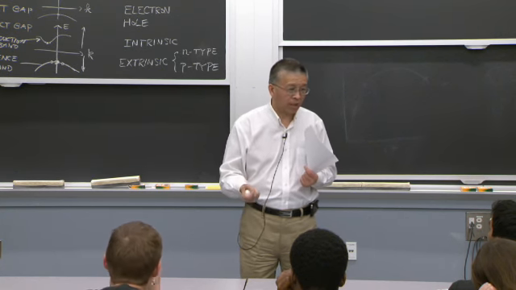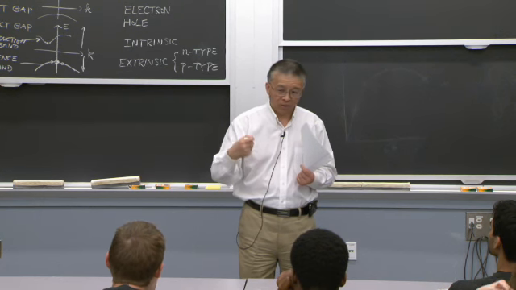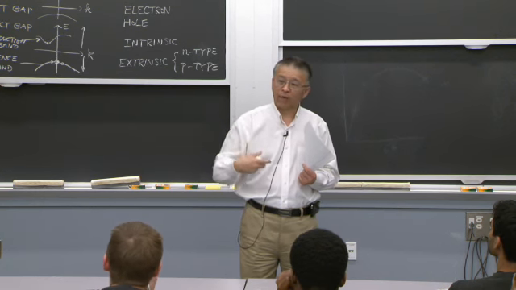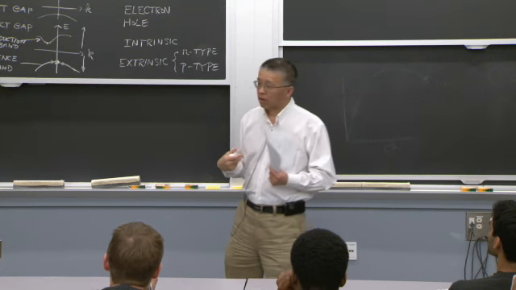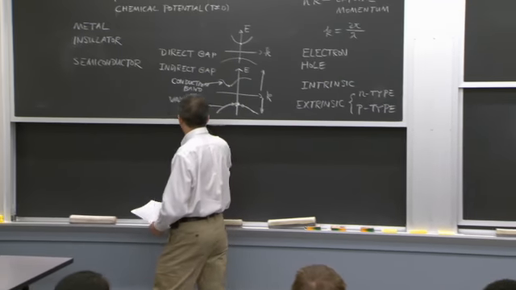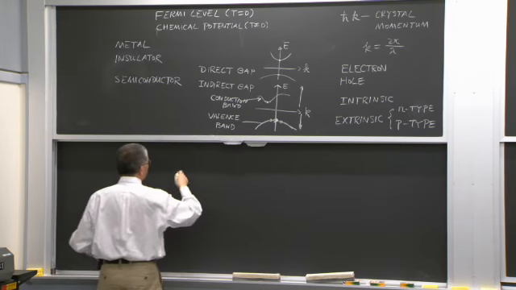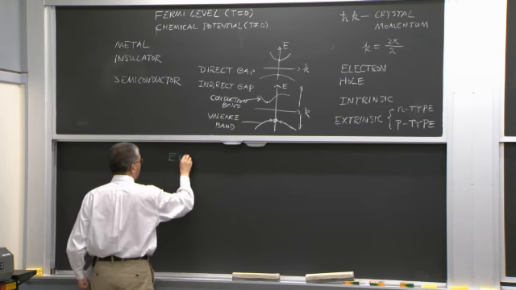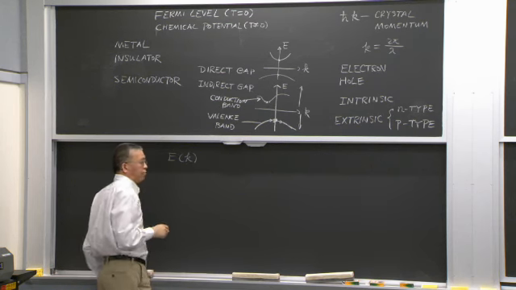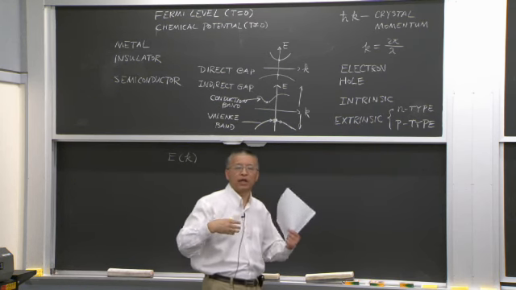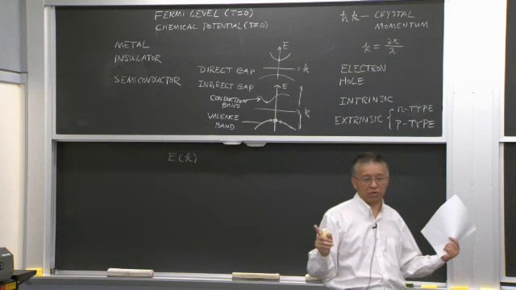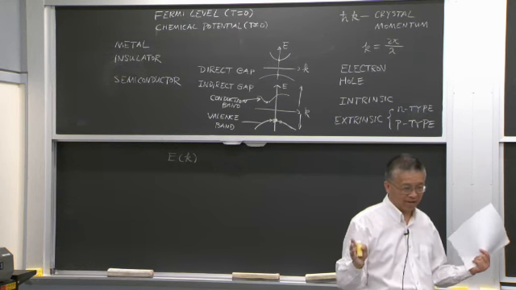And because it's a minimum, maximum, I can use approximation. I can expand the electrical energy around the minimum, maximum. So if I do a typical expansion, energy as a function of k, and I'm writing 1D. You can say k in a real crystal in each crystallographic direction has a k, right?